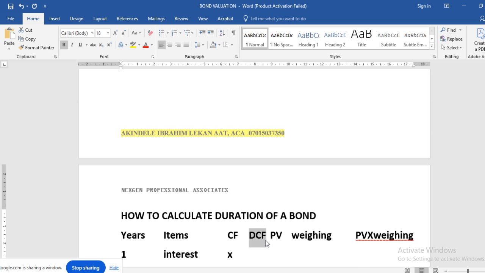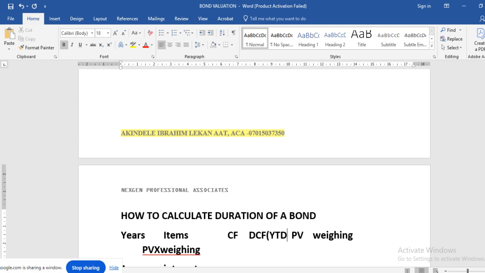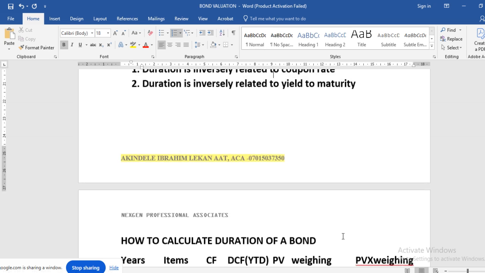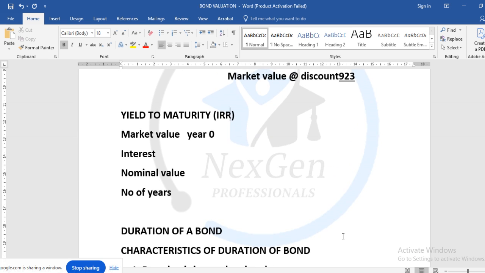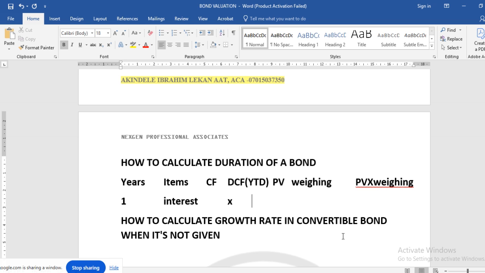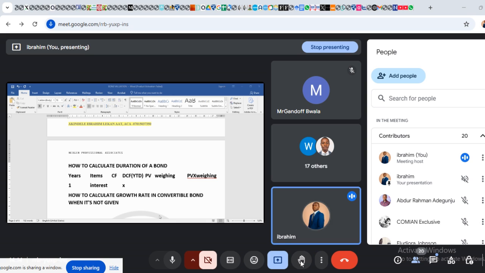Let me put it here in brackets: yield to maturity to discount. Because a question cannot tell you to determine duration of a bond without giving you the yield to maturity that you use to discount it.